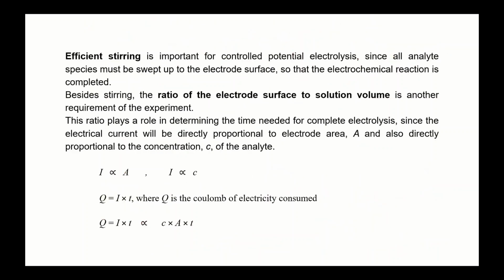For potentiostatic coulometry, efficient stirring is very important for the controlled potential electrolysis to be constant. All analyte species must be swept up to the electrode surface so that the electrochemical reaction is completed.